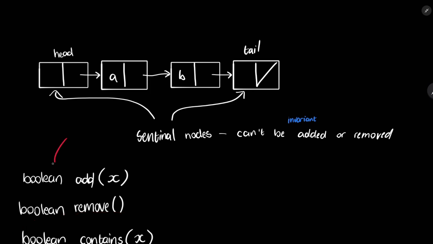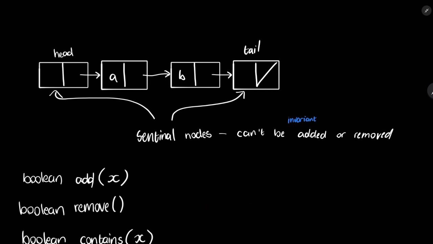So add will return true if the item is in fact added, and false if it's not added, for example if it already exists in the linked list, or for whatever reason it did not get added. Remove will return true if it is removed, and false if it did not exist in the linked list. And contains will return true if it does contain it, and false if it does not.